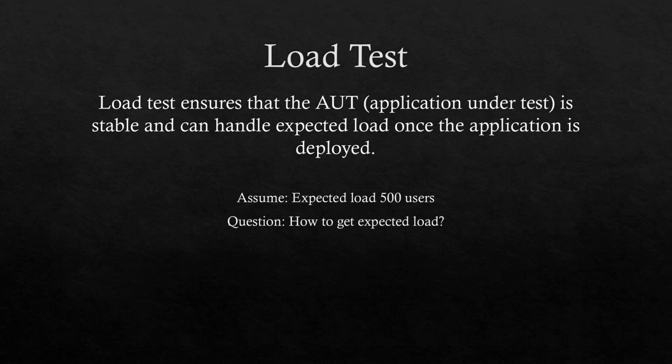They get it from previous production data, by using some SQL queries, to fetch the max number of users in a particular hour. If I want to put it in a single line, the busiest hour in the last 6 months will be my expected load.